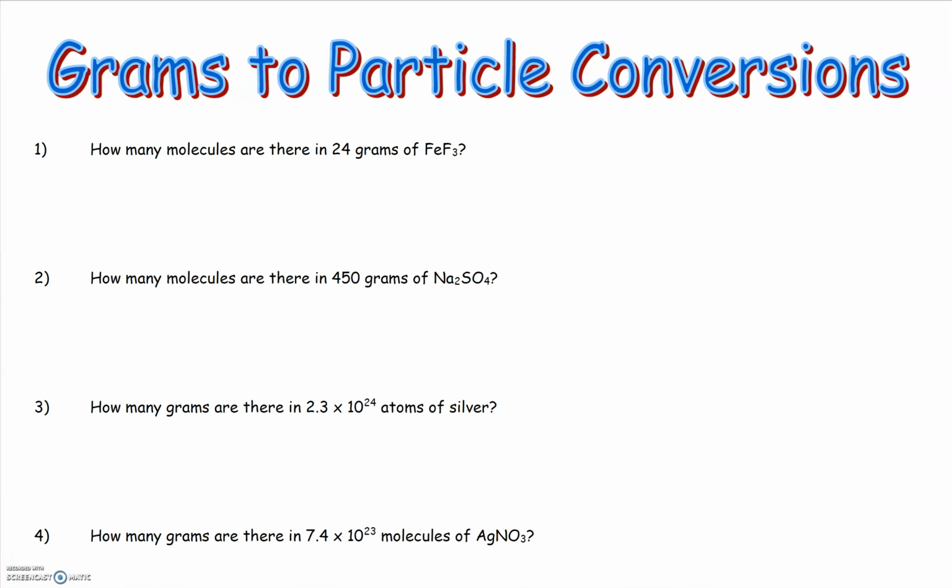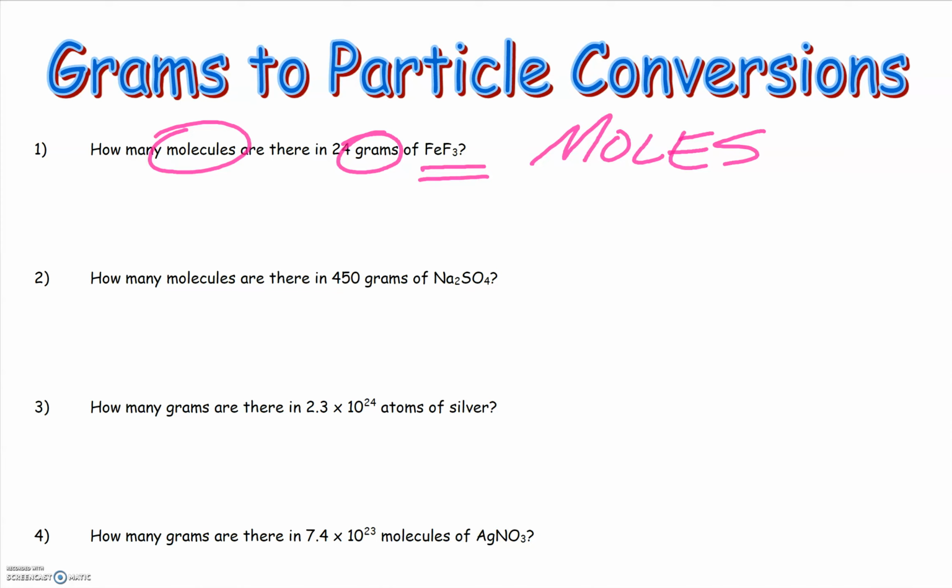So this says, how many molecules, unit 1, are there in 24 grams, unit 2, of the iron 3 fluoride? Nowhere in that problem did they use the word moles. They didn't talk about moles. It's not represented in the problem. So if it doesn't say moles, it's going to be a two-step problem.